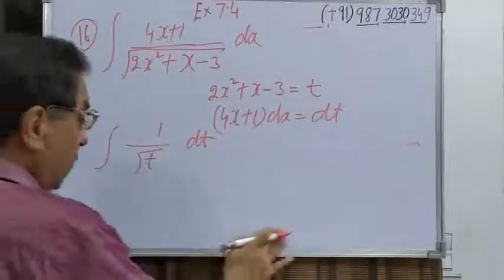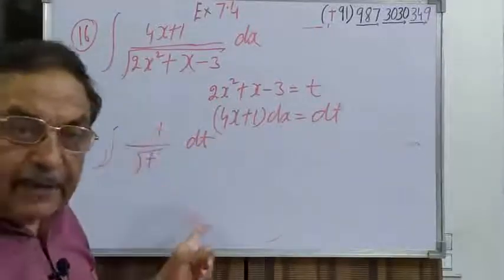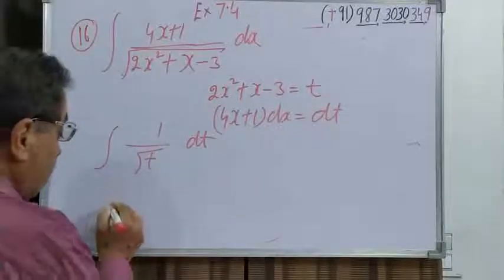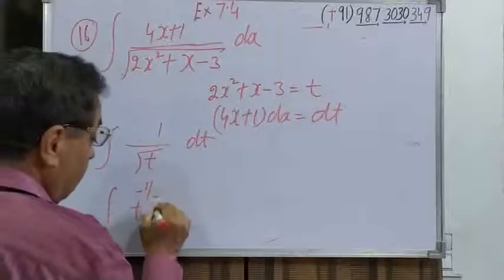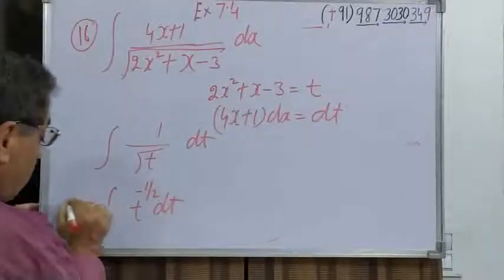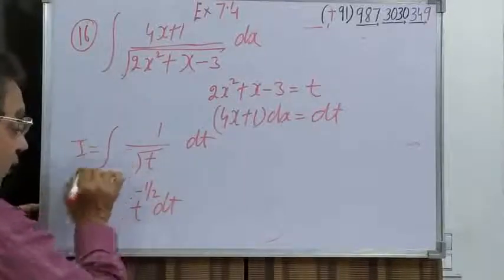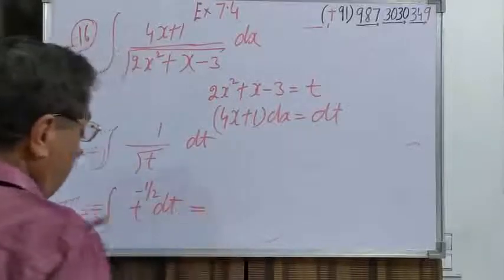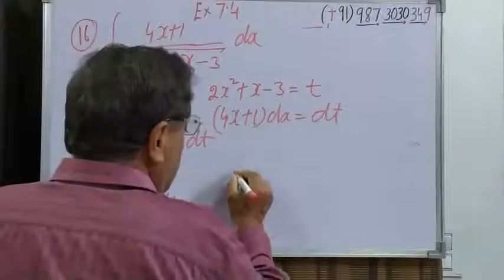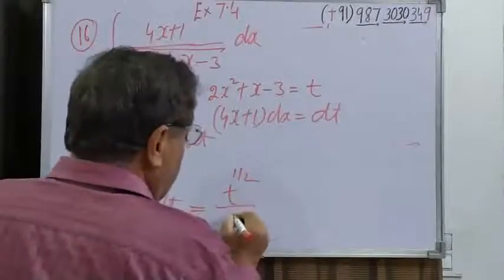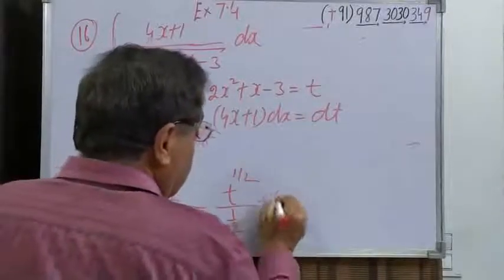How to integrate 1 upon square root of t? Square root of t means t raised to power minus 1 by 2 dt. And that is further equal to the integration of t raised to minus 1 by 2, that is t raised to power 1 by 2 upon 1 by 2 plus c.